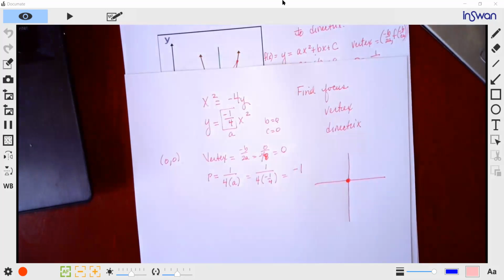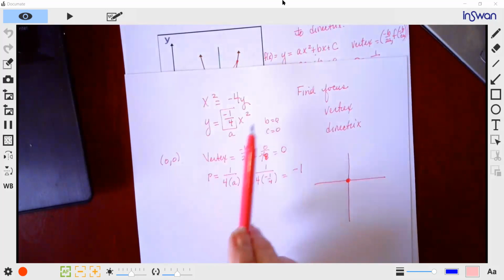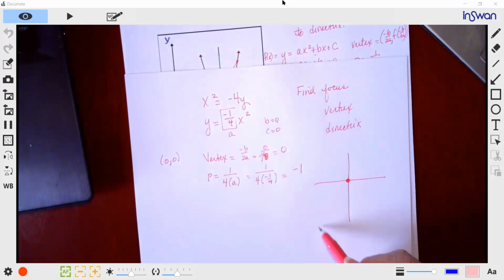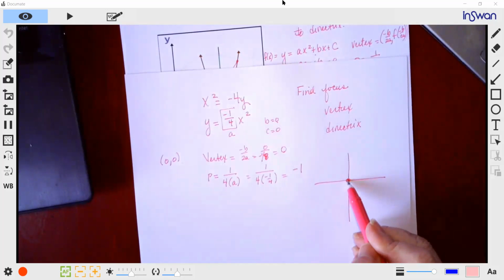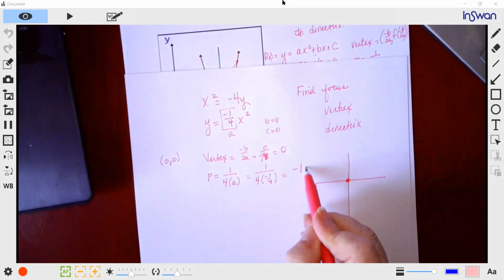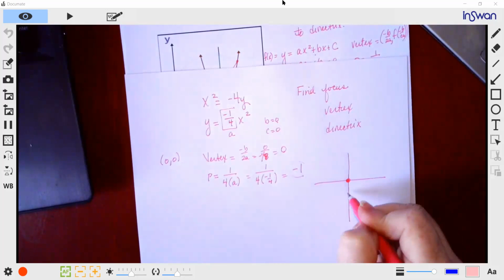Who can tell me, does this parabola open up or down? Down. Opens down because the coefficient of the squared term is negative. So now I have something coming down this way. If this is my vertex, that means I'm going to go 1 unit inside the parabola to get to the focus.